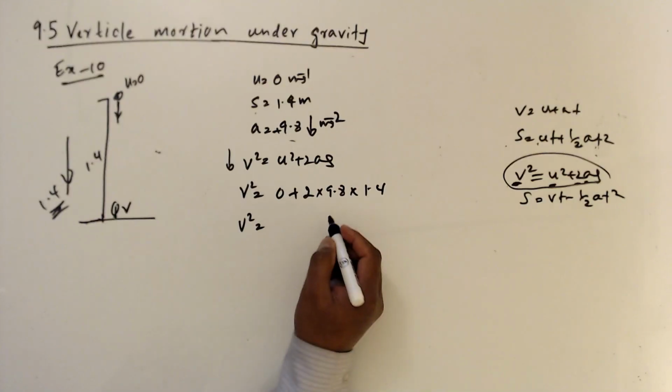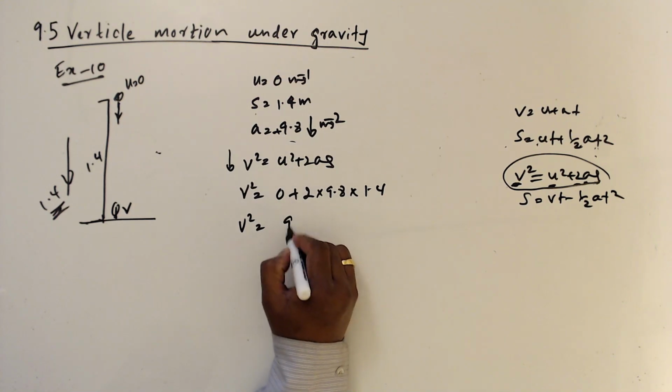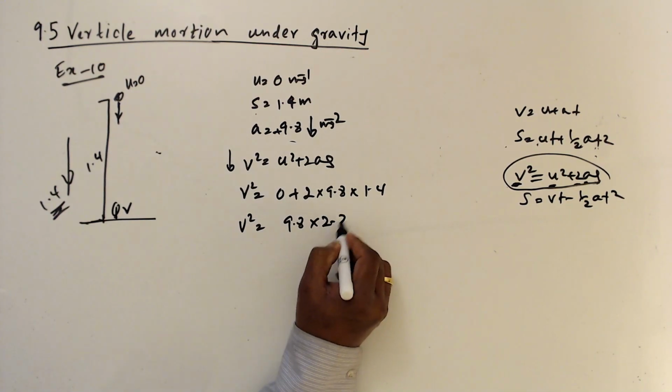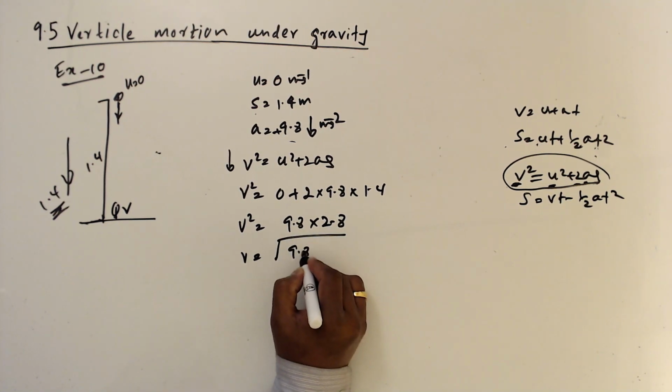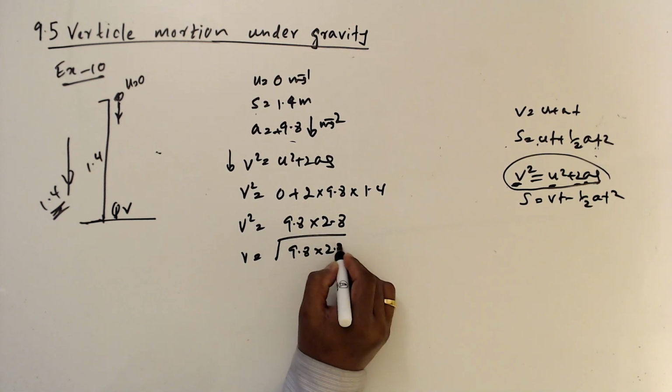So v squared = 9.8 times 2.8. So v equals the square root of 9.8 times 2.8.